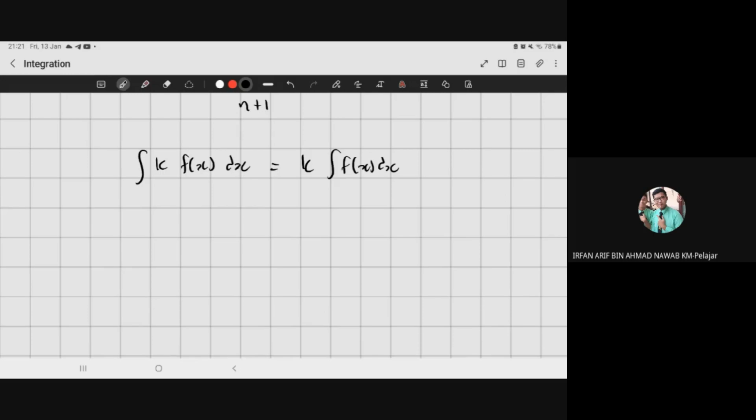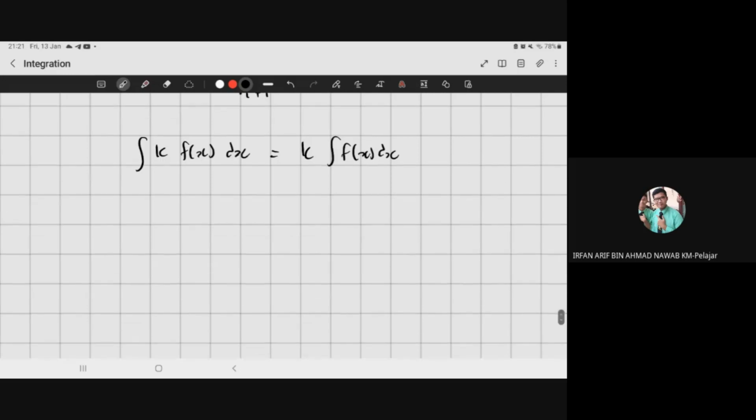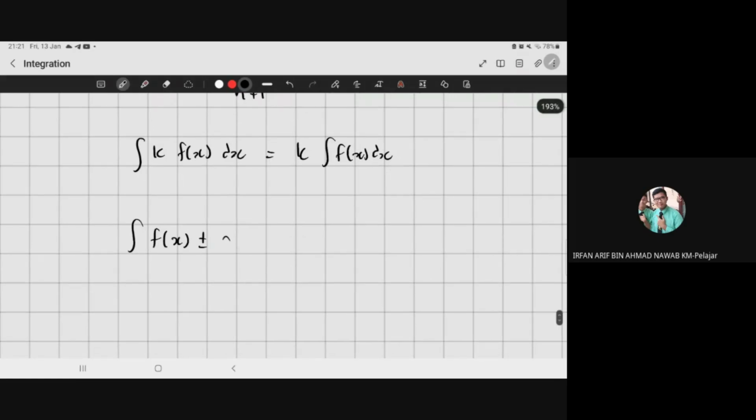So the next one is another rule, which is we integrate f of x plus or minus g of x, as long as both of these functions are integrable. In other words, they can be integrated. Because one of the criteria for them to be integrable is that both of them have to be continuous.